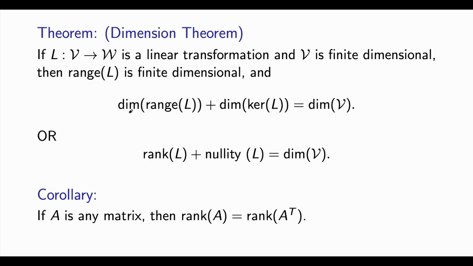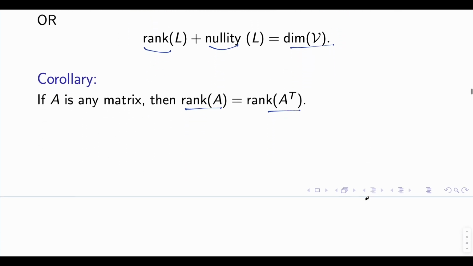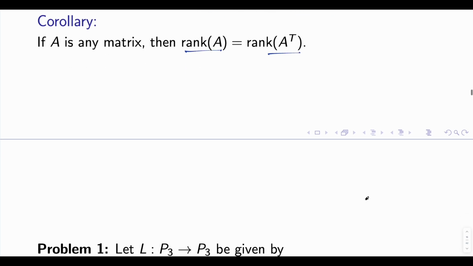And dimension of range plus dimension of kernel is equal to dimension of V, or rank plus nullity equal to dimension of V. That is known as the rank nullity theorem, right? And one more corollary: if A is any matrix, then rank of A and rank of A transpose are equal, right? That we have already discussed in the rank video.